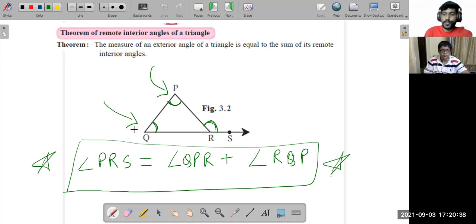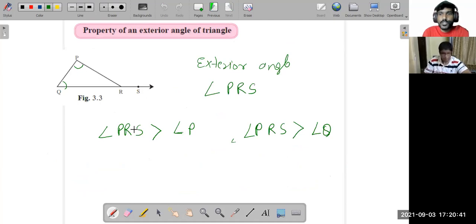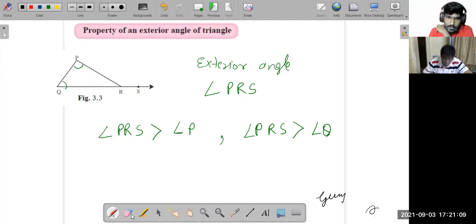Done, sir. Write this. Here also draw the diagram. Write the property of exterior angle of a triangle. Done.